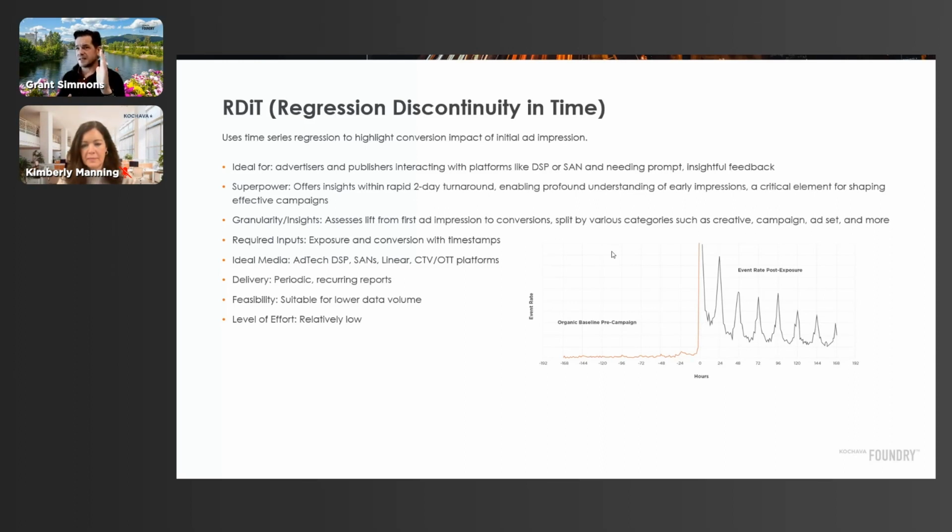So if I have distinct timestamps on my attributable media, could be impressions or clicks, and I have timestamps on my conversion activity, I can set all of my ad serve time to 0. If this device or this customer hadn't received an impression before, at some rate, there's a baseline of activity.